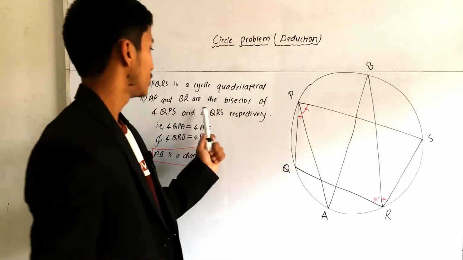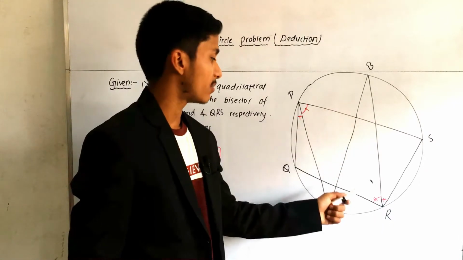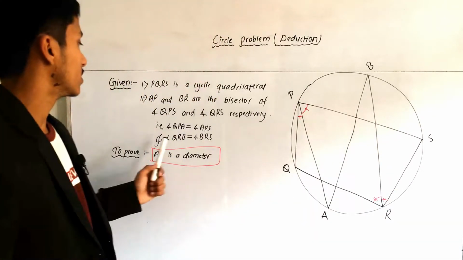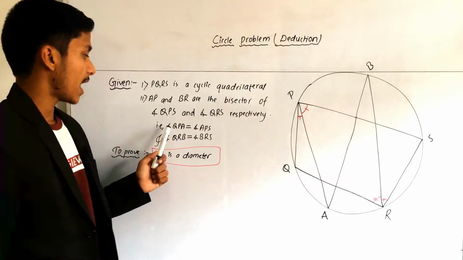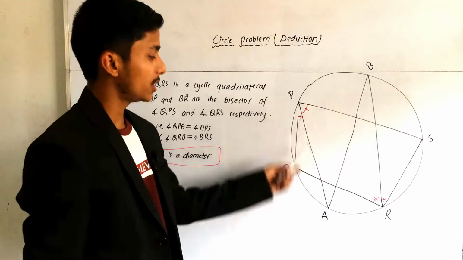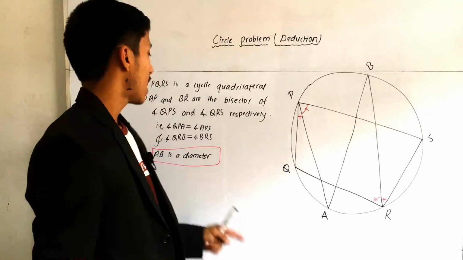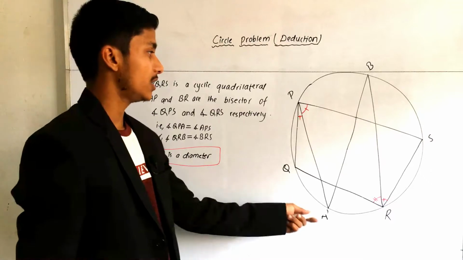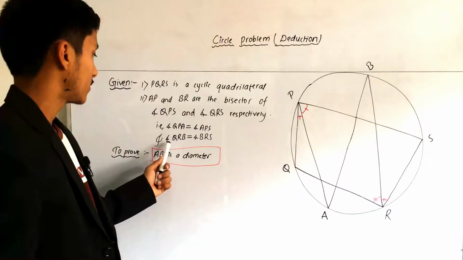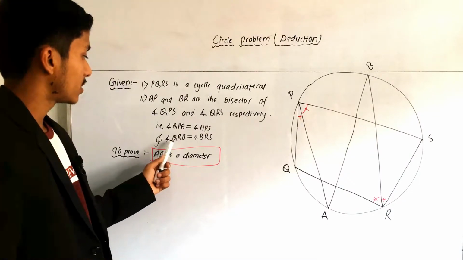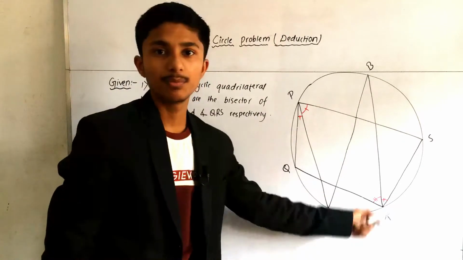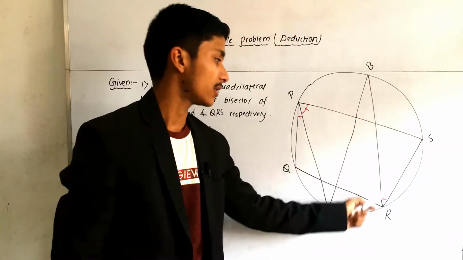We can write angle QPA is equal to angle APS. And BR is the bisector of angle QRS, so angle QRB is equal to angle BRS.